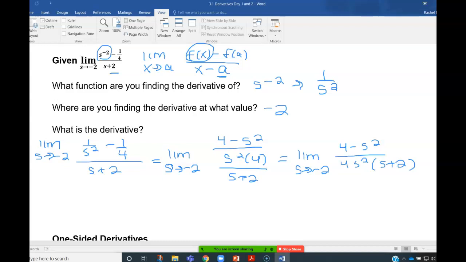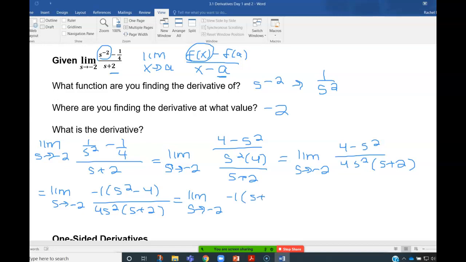And if I look at the top, that's really a difference of squares. And I could rewrite that where I take out a -1. And that gives s squared minus 4 over 4s squared times s plus 2. And then I can factor. Cancel my s plus 2's.